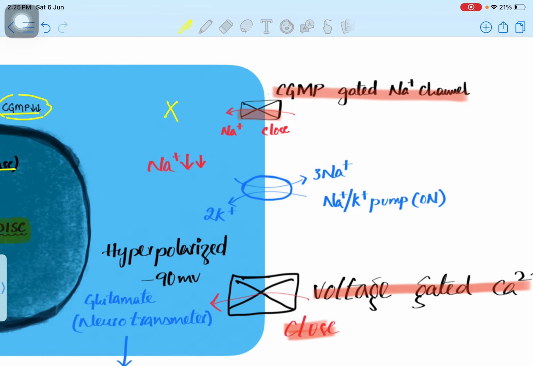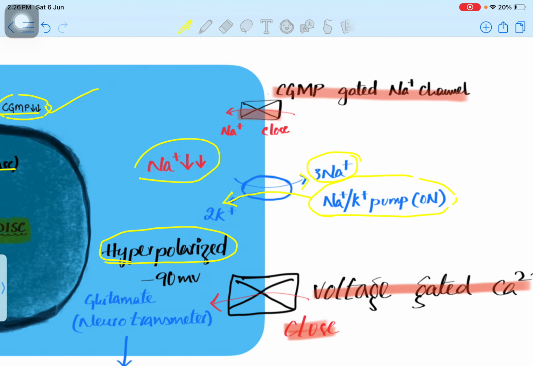So no more sodium will come inside, and instead the sodium concentration decreases more, because the sodium is going outside the cell and potassium is coming inside the cell. The sodium potassium channels are on in this condition. So in this whole scenario, cGMP is decreasing as well as sodium is decreasing.